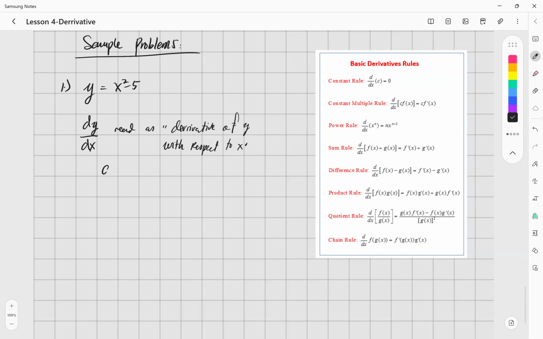So, to find the derivative dy over dx of the function x squared minus 5, we apply the power rule.